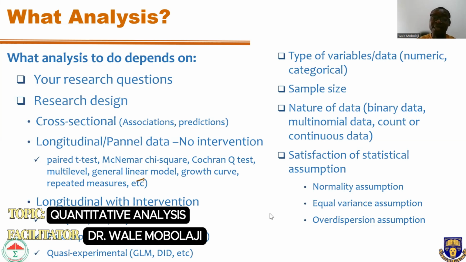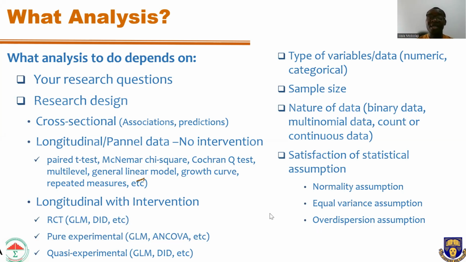Another statistical assumption is equality of variances. If you are comparing two different groups, you might want to look at equality of variances, and at whether there is overdispersion or not. There are many more statistical assumptions that might have to be considered before you choose your statistics. And sometimes when the assumptions are not satisfied, another thing you could do is to transform your data where necessary.